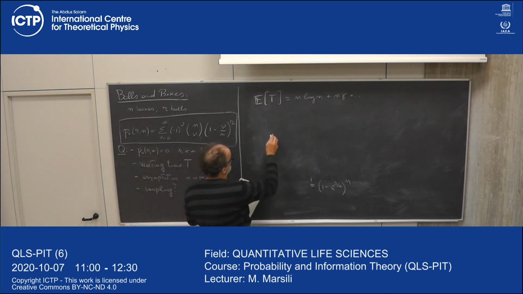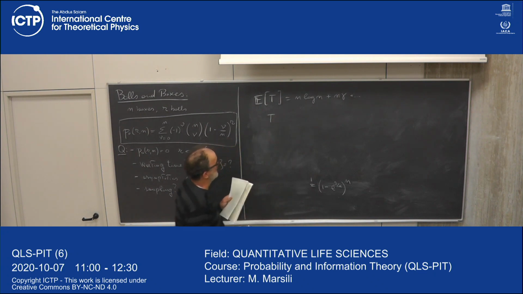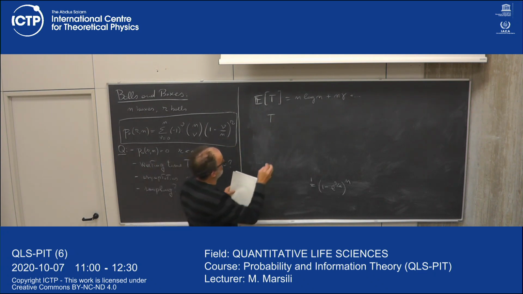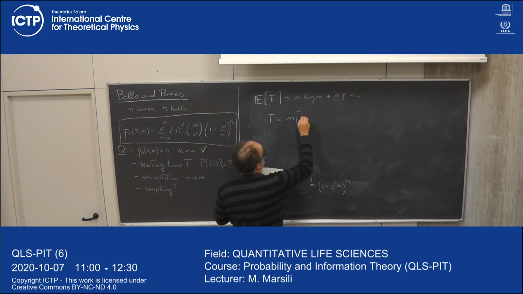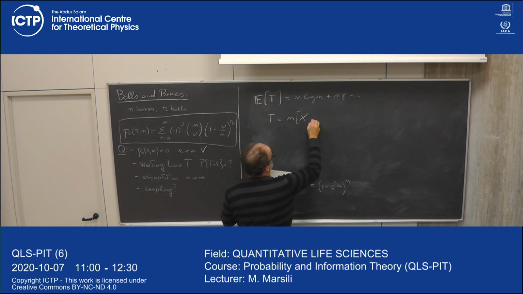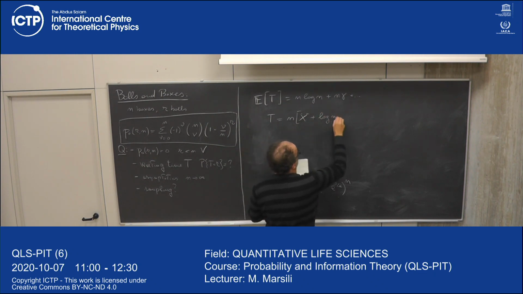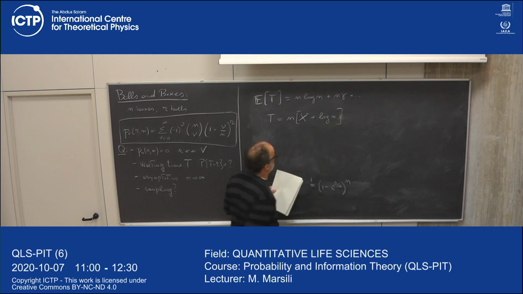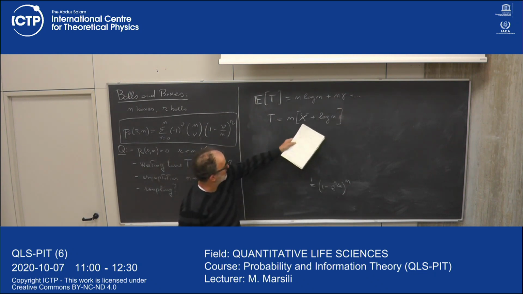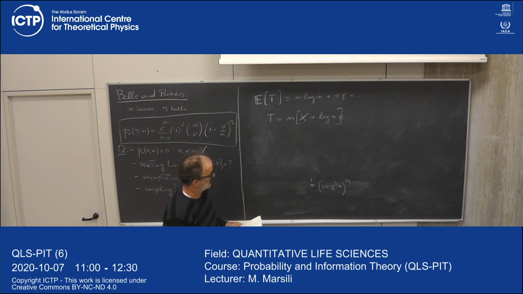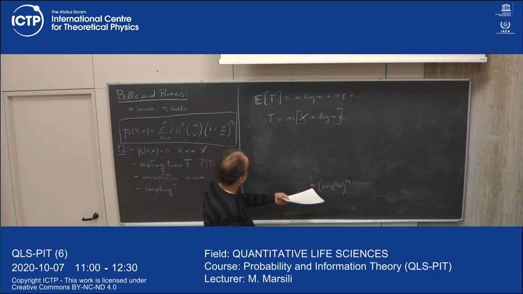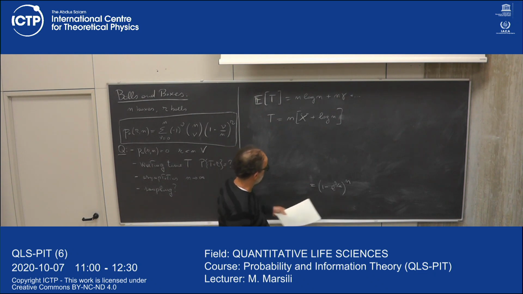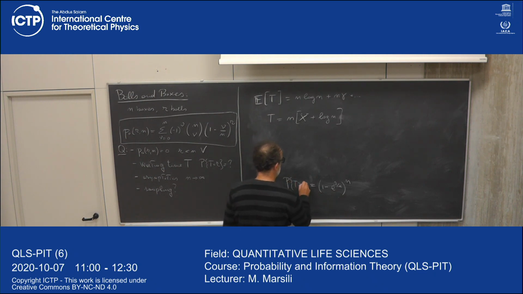So if we want to understand the asymptotic distribution of T, it makes sense to write T in terms of a random variable X, to write T in this form and to ask what is the distribution of X. Essentially, if you take this expression, this would be the expression for the probability that T is larger than R.